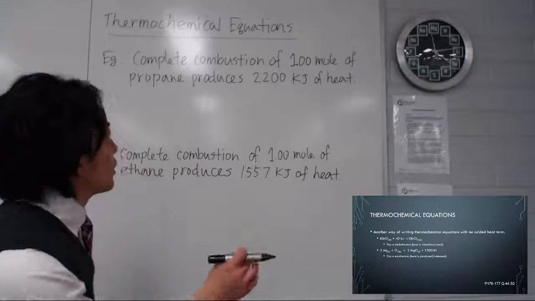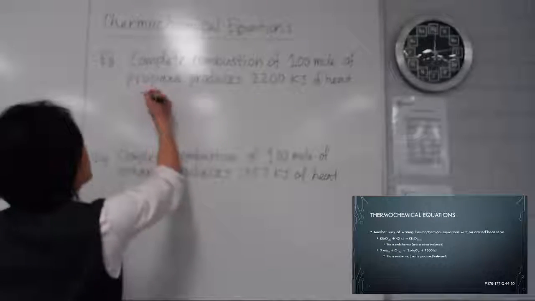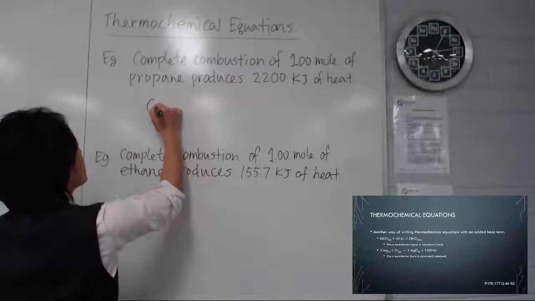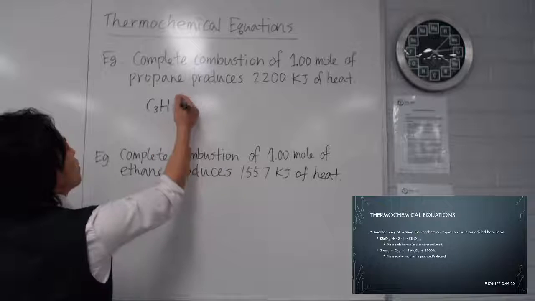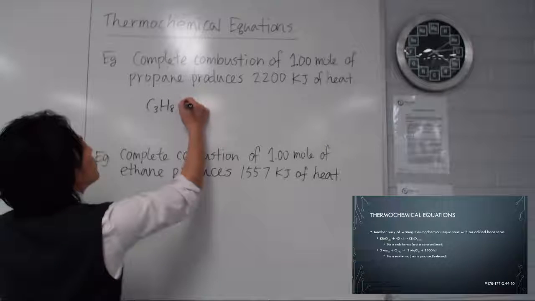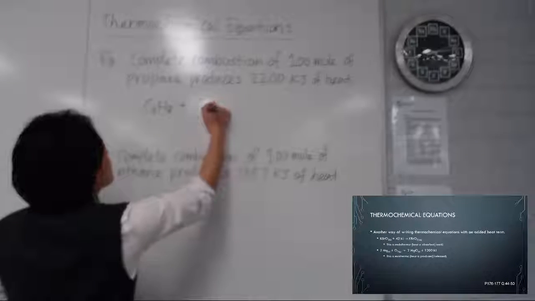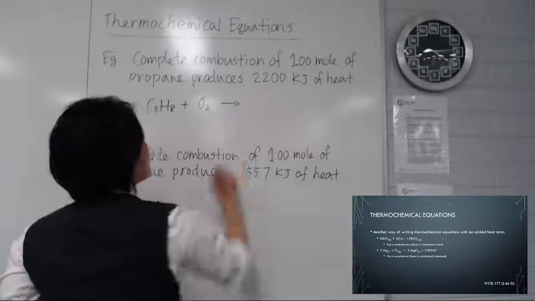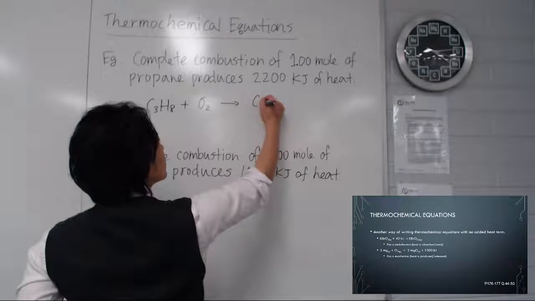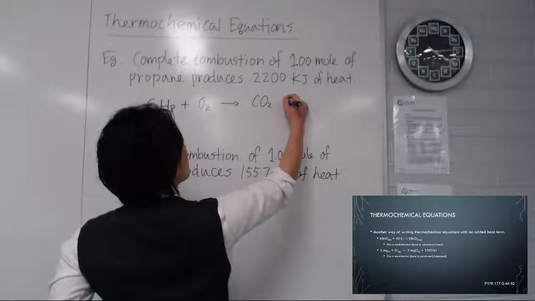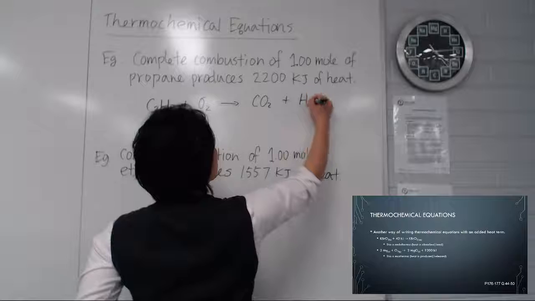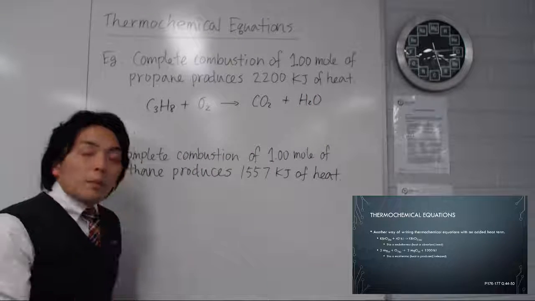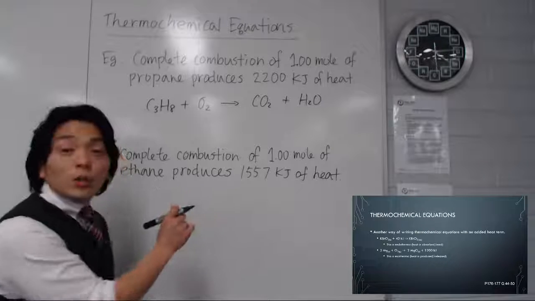If you are to write this, let's start with propane: C3H8 plus O2 forms CO2 plus H2O. Now that would be just a normal chemical equation that's not even balanced.